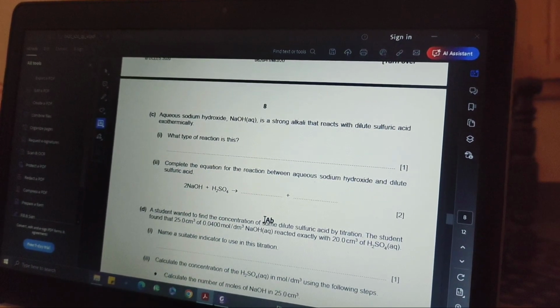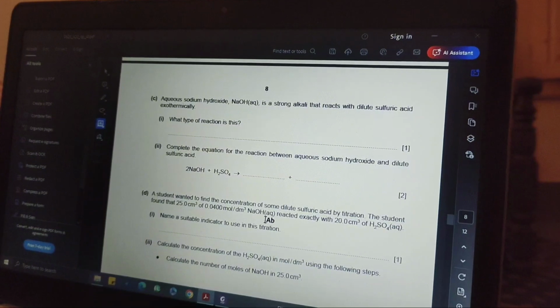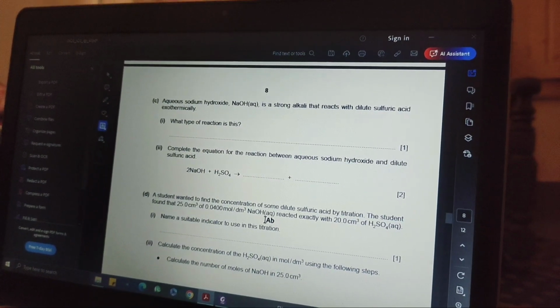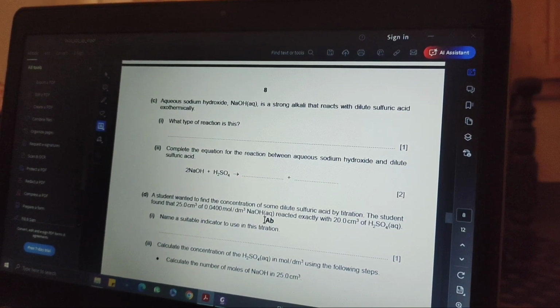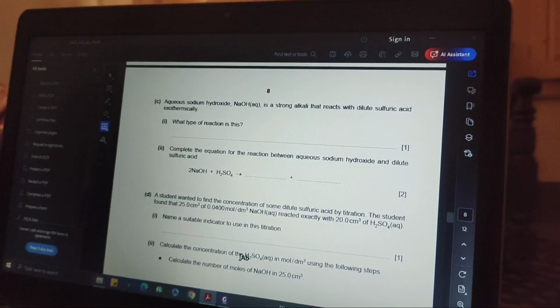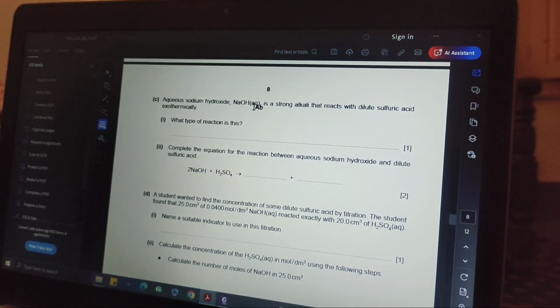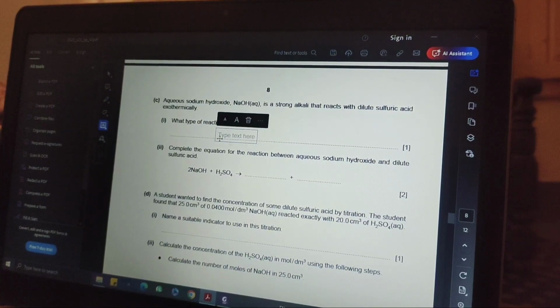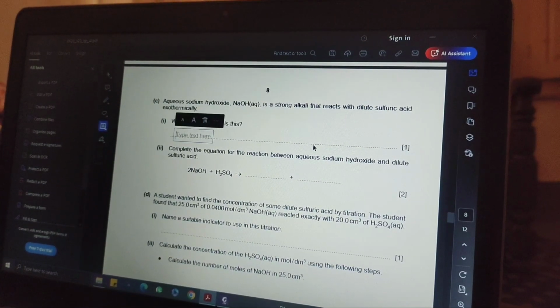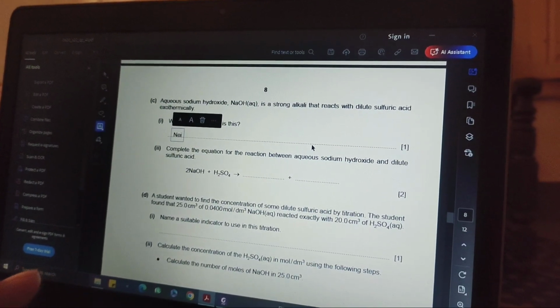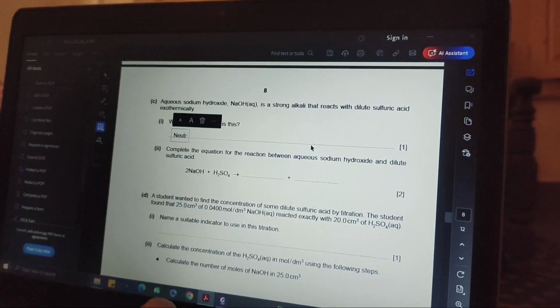Aqueous sodium hydroxide is a strong alkali that reacts with dilute sulfuric acid exothermically. So what type of reaction is this? Obviously the strong alkali is reacting with the sulfuric acid. So the common acid-base reaction is the neutralization reaction.